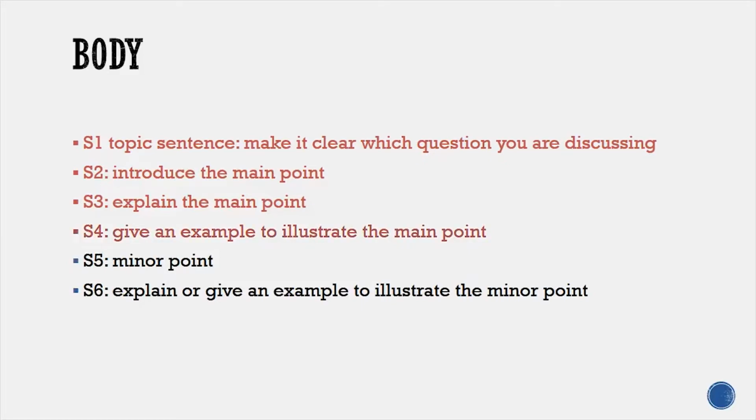The fourth sentence gives an example to illustrate the key point. Sentence 5 introduces a minor point or second main idea for the paragraph. This sentence is then going to be followed by an explanation or illustrative example.